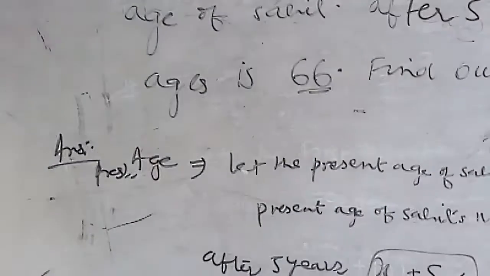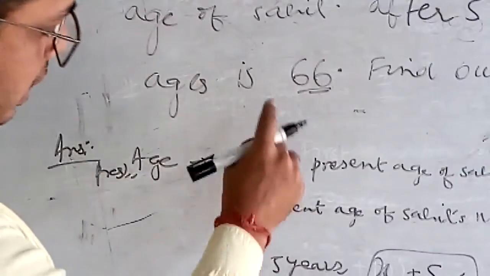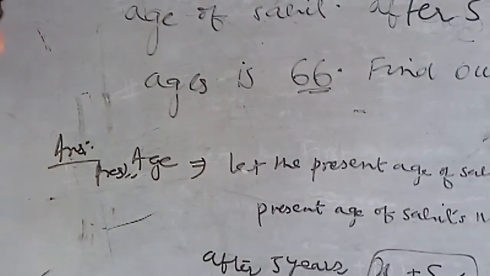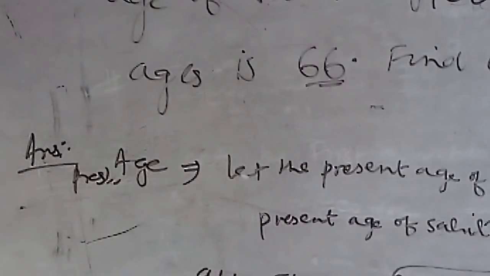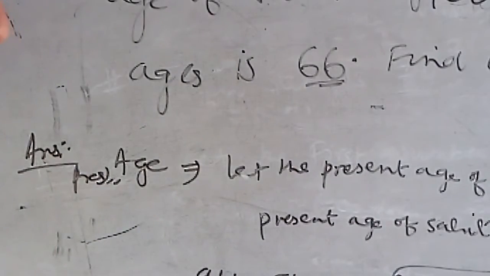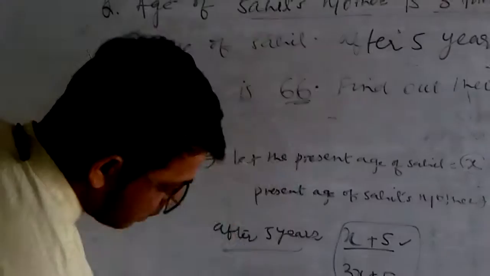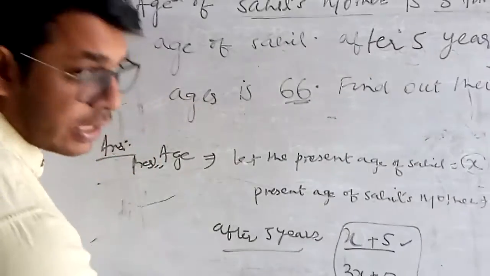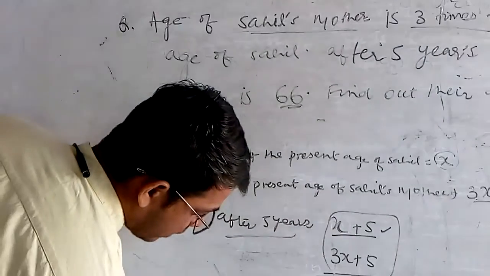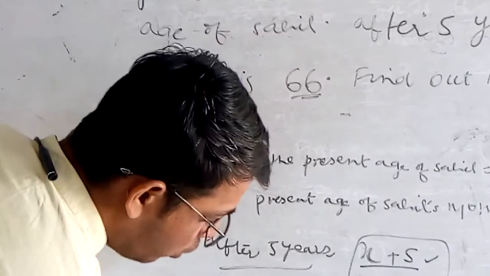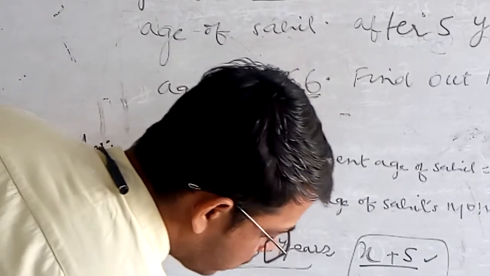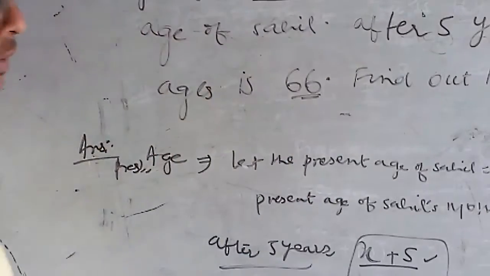What I said, whenever we solve this type of equation, we have to add variables in one place and numbers in another place. x, 1x and 3x makes 4x, and 5 and 5 add to 10, equal to 66.